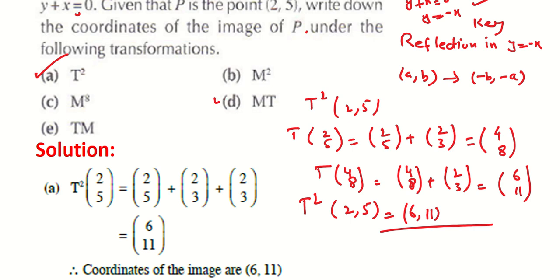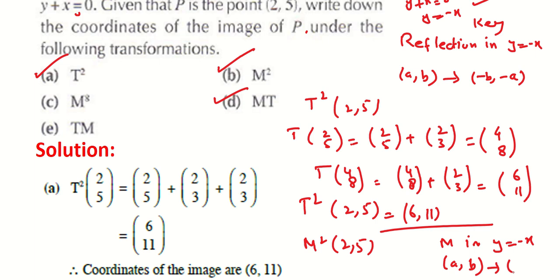Now a similar question is MT. First we operate translation, then reflection in y is equal to -x. Now M square on (2, 5). M is the reflection in y is equal to -x. So for reflection in y is equal to -x, we change (a, b) into (-b, -a).